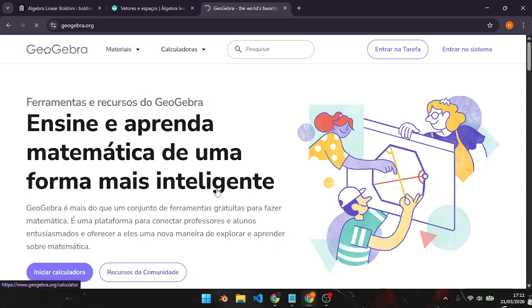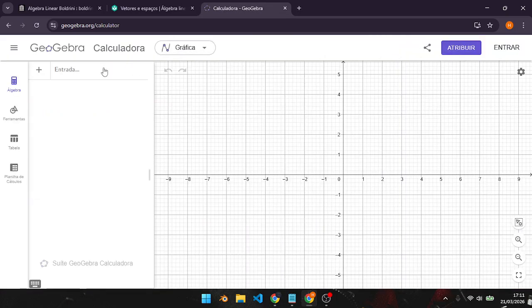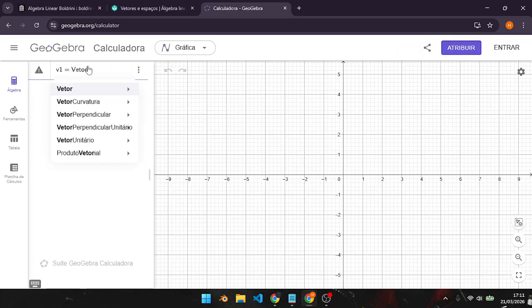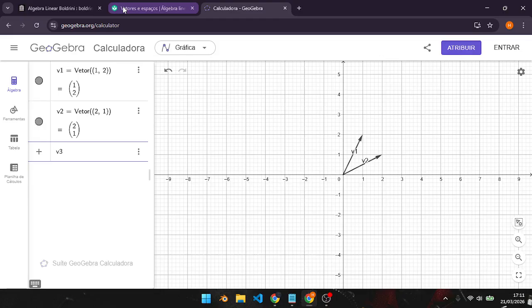Essentially, they are an equation that, if you have two vectors, so let's suppose I have a vector 1, 2, and I have another vector, 2, 1, then I can have an equation that goes through both these points.